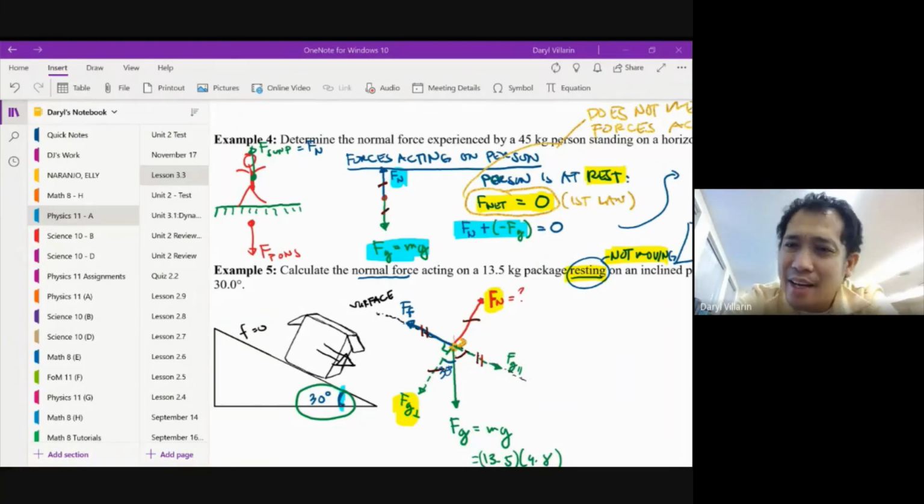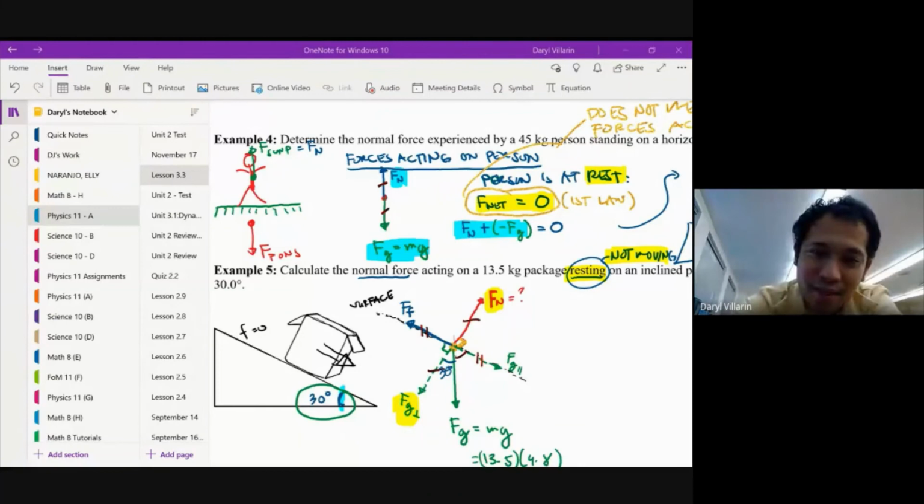The 30-degree angle is quite important later on, because not all the time will you be dealing with a horizontal plane. Sometimes it will be inclined. So it's very important for you to locate the corresponding angle. If you miss the location of the angle, obviously your perpendicular force and parallel force would be different.